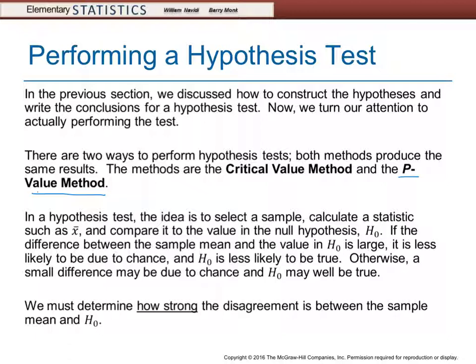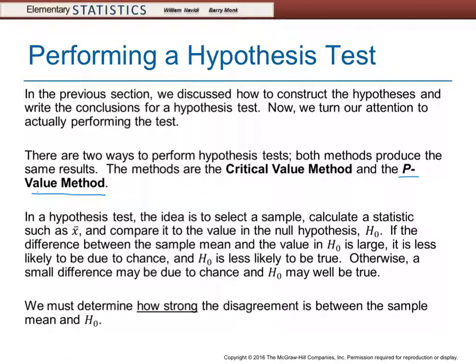In a hypothesis test, the idea is to select a sample, calculate a statistic such as x bar, and compare it to the value in the null hypothesis H naught. If the difference between the sample mean and the value in H naught, that is mu, is large, it is less likely to be due to chance, and H naught is less likely to be true.